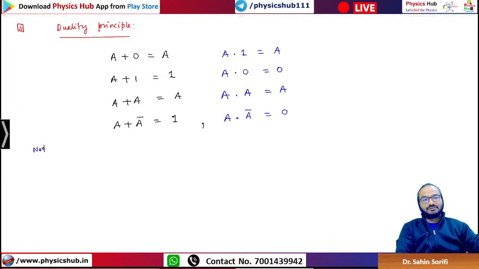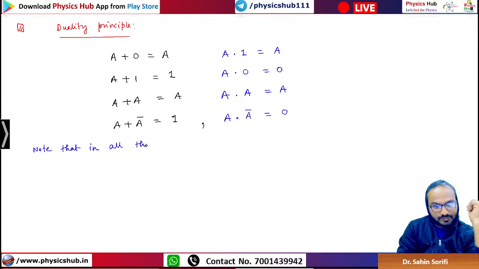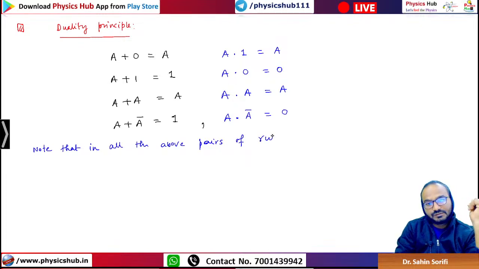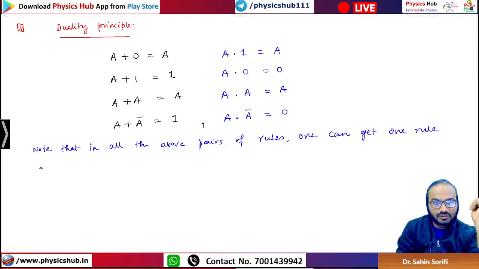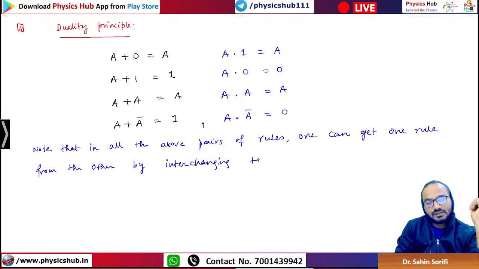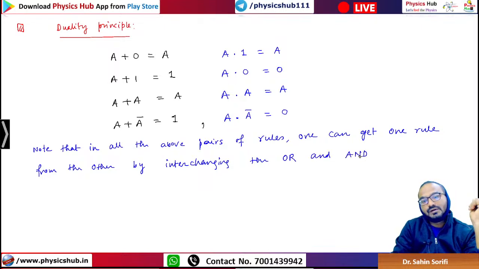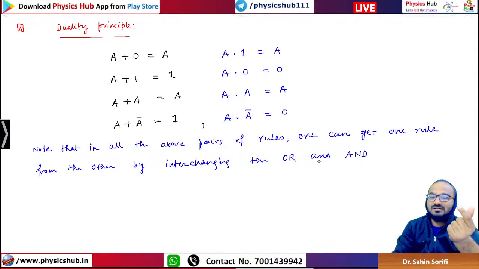So note that in all the above pairs of rows, one can get one rule from the other by interchanging the OR and AND operators.